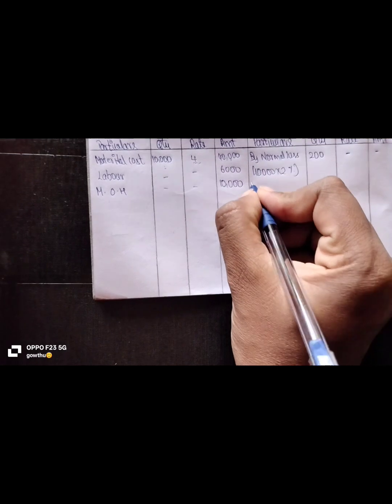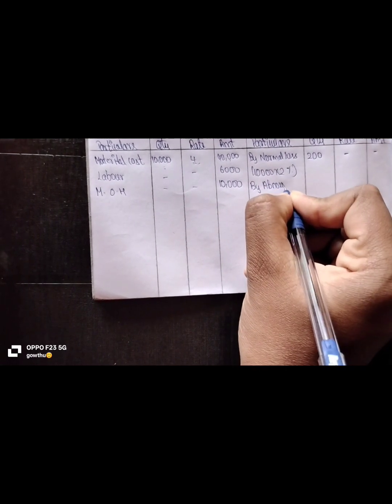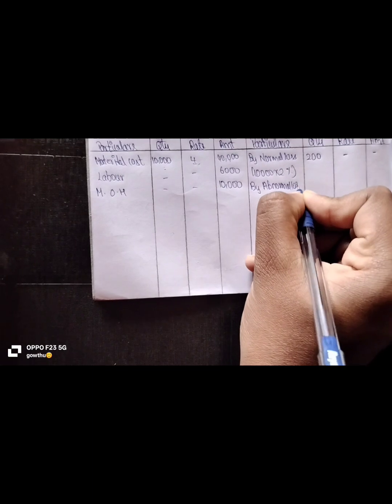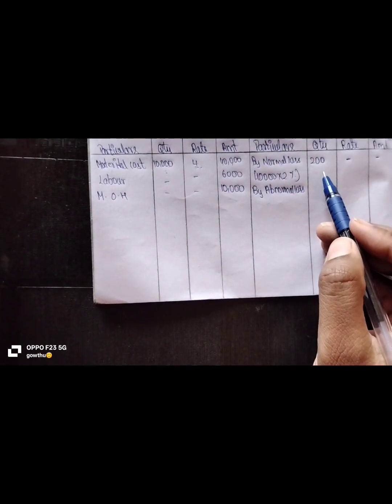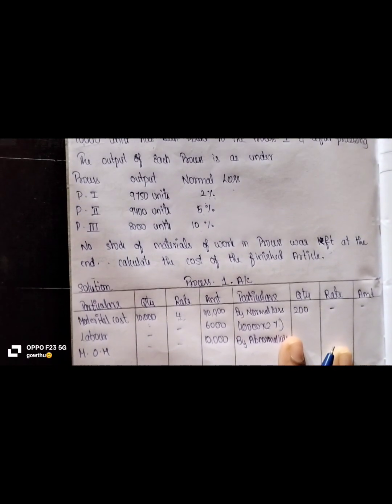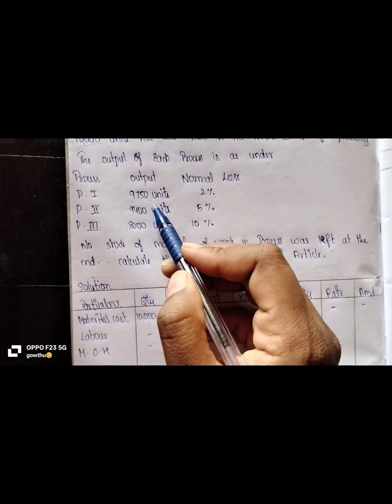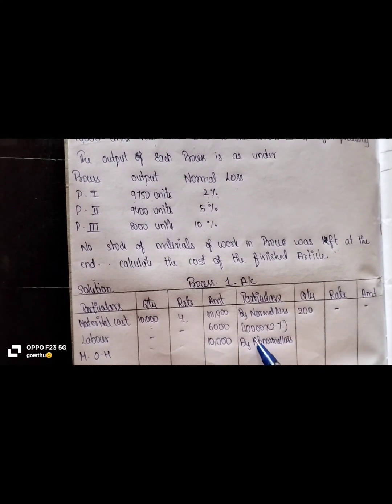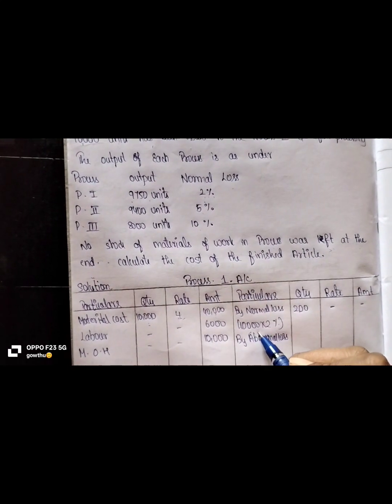Next is abnormal loss. Here abnormal loss information is not given. That means how to calculate? The normal loss is 200. The final output is 9,750, right? If we subtract 200 from 10,000, we will get 9,800.